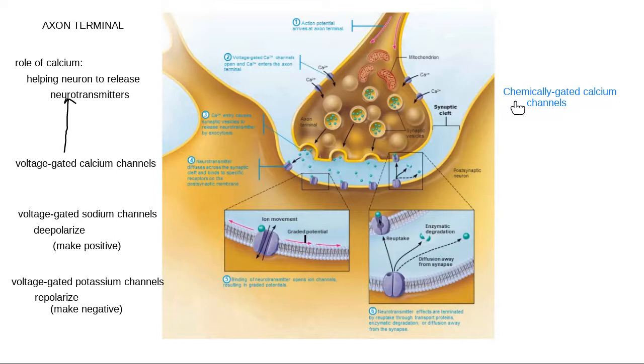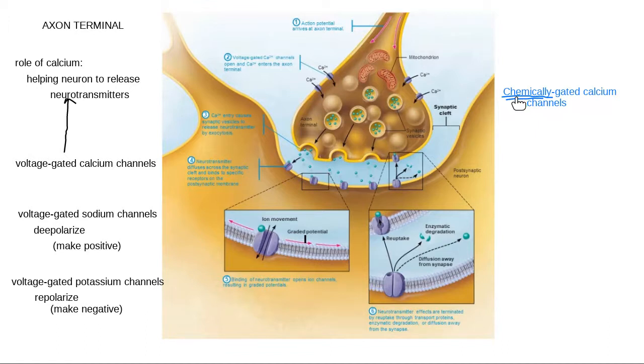We have not talked about chemically gated calcium channels because there are not chemically gated calcium channels. Please read slowly. Chemically gated calcium channels don't exist. I don't use them because all I use chemically gated channels to do is to hear messages from my neighbor.